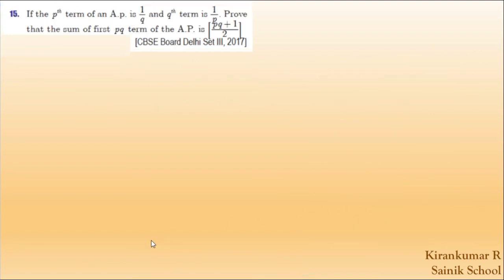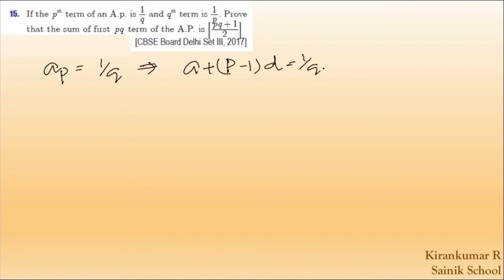Question number 15. The pth term is 1 by q. This implies a plus p minus 1 into d is 1 by q. The qth term is 1 by p.